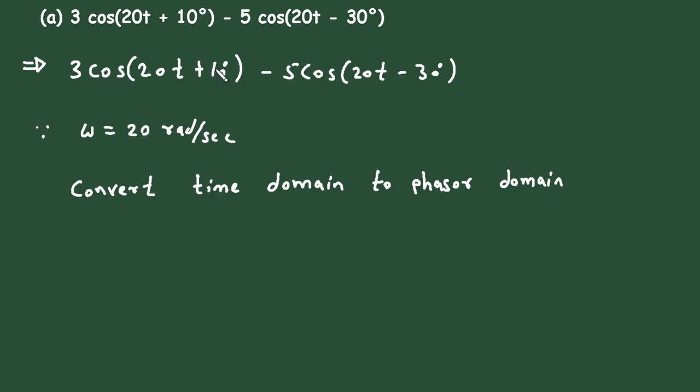So this will be 3 at an angle 10 degree, then minus, now this is also in standard format, so it will be 5 at an angle minus 30 degree.